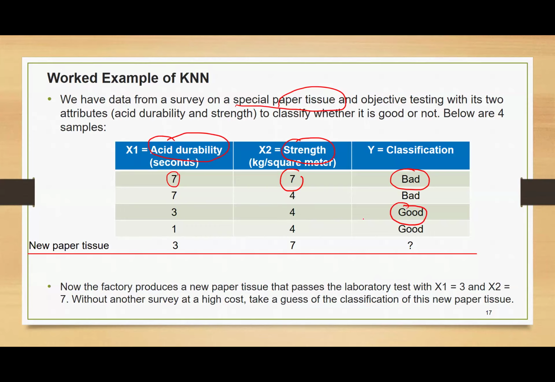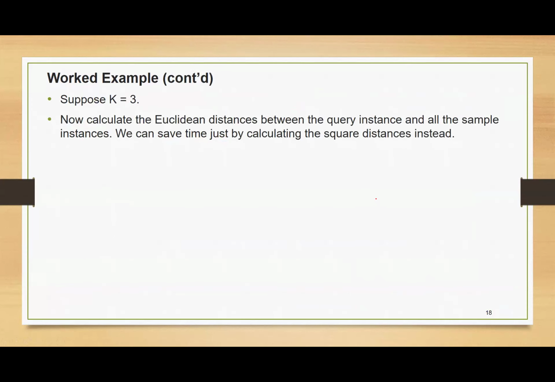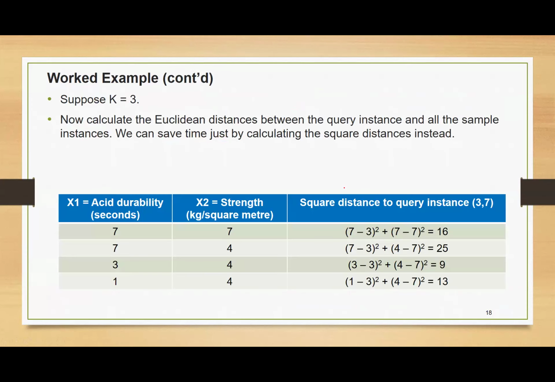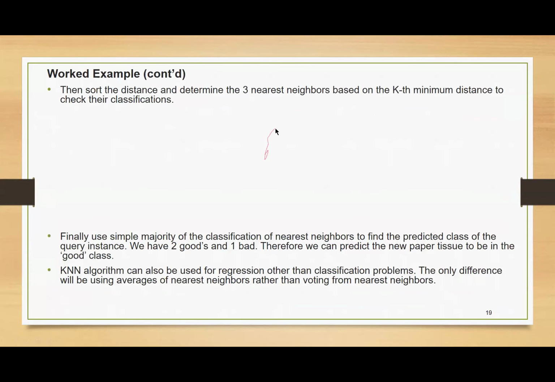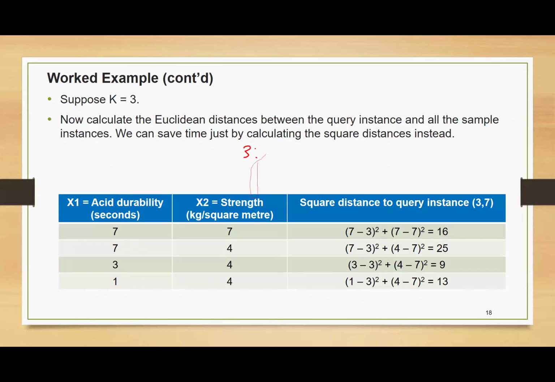And this is the data we already have. So we now have a new data. The new data has two features, okay?